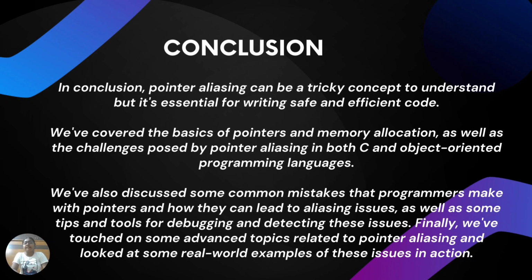We have also discussed some common mistakes that programmers make with pointers and how they can lead to aliasing issues, as well as some tips and tools for debugging and detecting these issues. Finally, we have touched on some advanced topics related to pointer aliasing and looked at some real world examples of these issues in action.